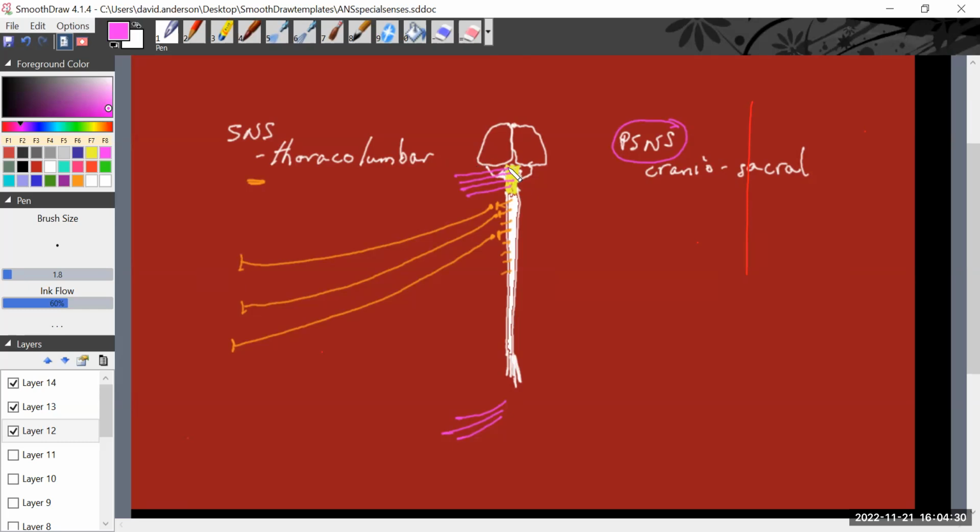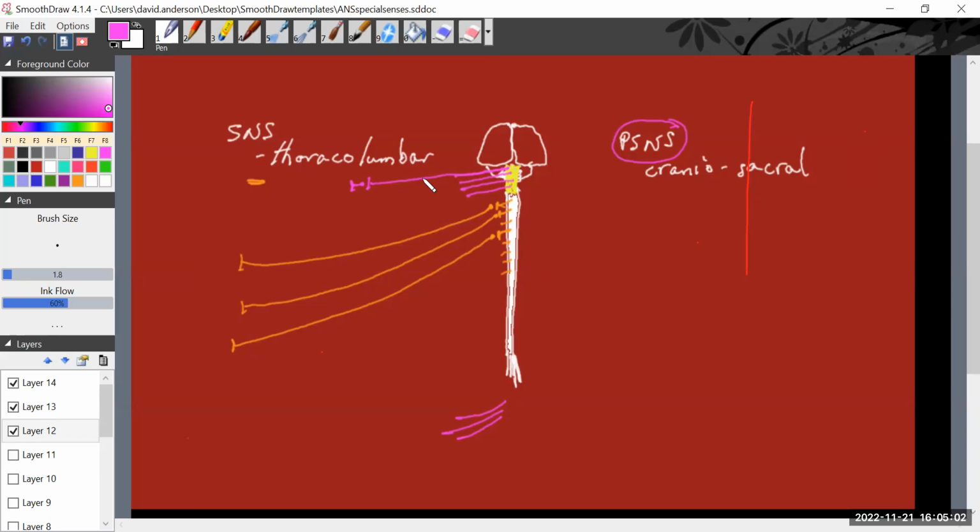So it leaves the cranium, leaves the brainstem, and it travels all the way to the eyeball before it synapses with the second neuron. In the case of the eyeball, it's right on the eyeball, but it is a second neuron. So it follows the autonomic organizational rule that there's going to be two neurons in the pathway between the spinal cord and the target, the effector.